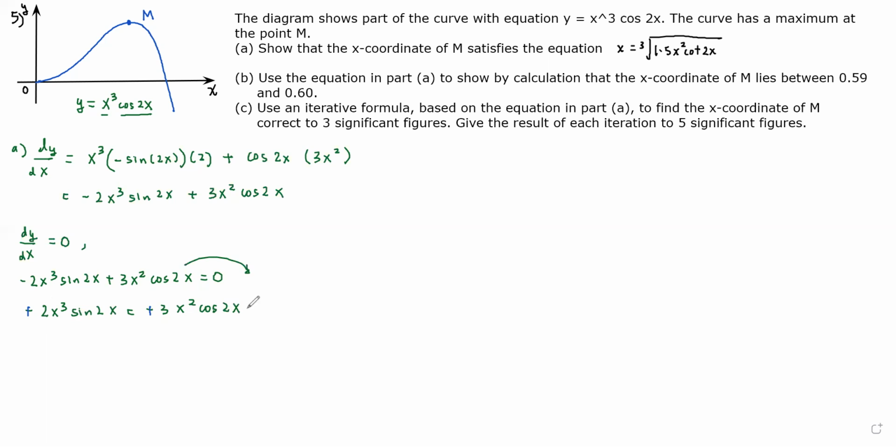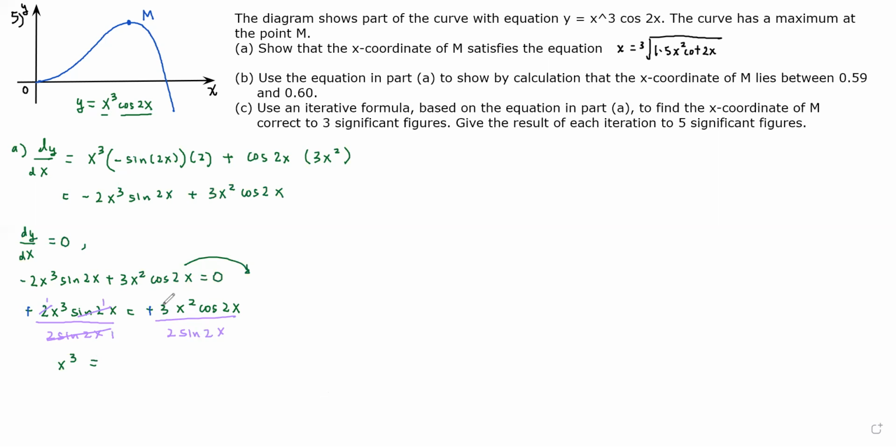Now we divide throughout by 2 sine 2x. We need an x cubed here so that we can take the cube root later. So for this case, we are going to divide by 2 sine 2x on both sides. The 2 cancels to be a 1. On the left side, we have x cubed.